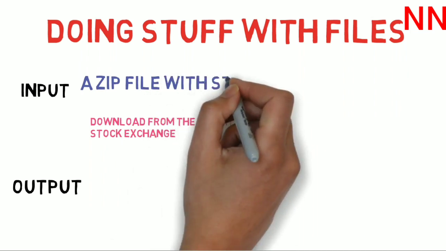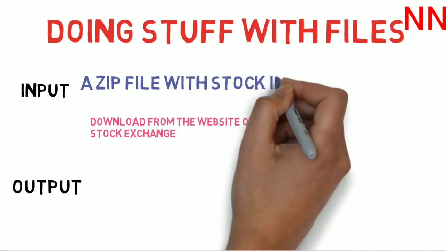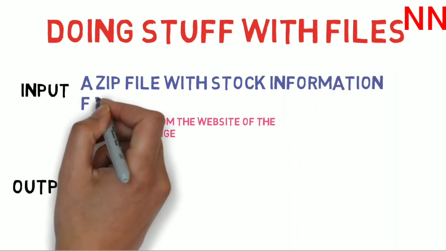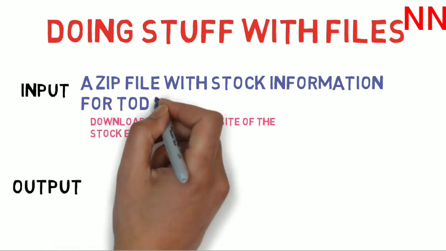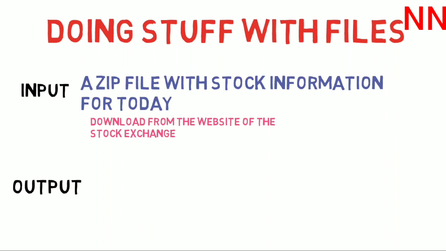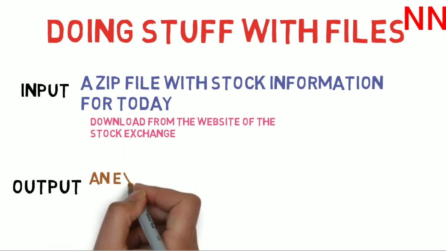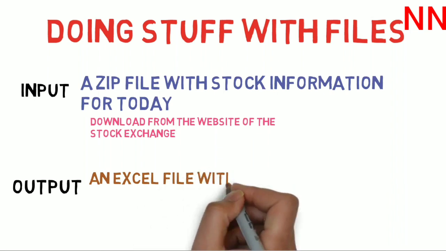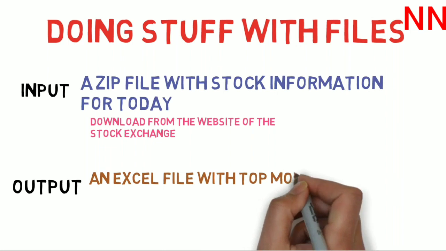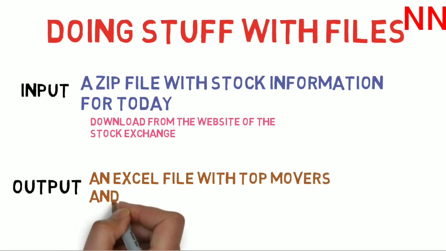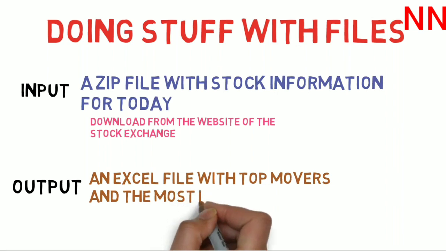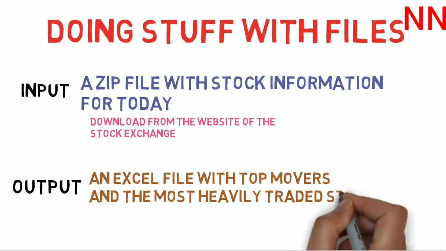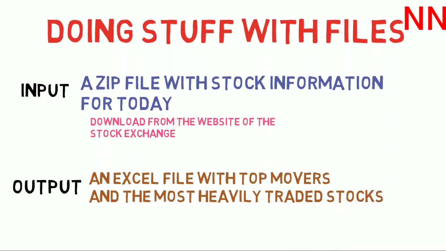So it will have all the stocks which were traded on the stock exchange and their opening price, closing price, and other information about the stocks for that given day. The output is an Excel file. It will have the top movers and the most heavily traded stocks for that day.